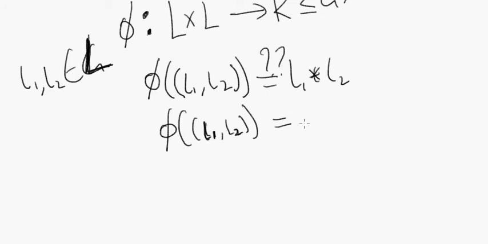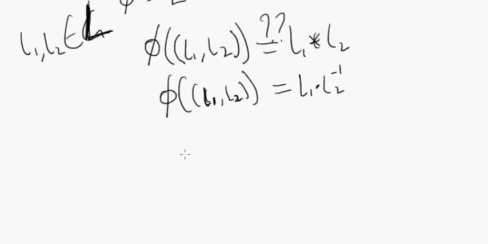Well, one idea might be to send it to the inverse of something. L1 maybe L2 inverse, right? I wonder if this works. Well, let's see. Is it even an isomorphism?